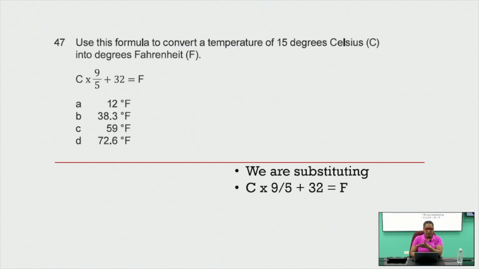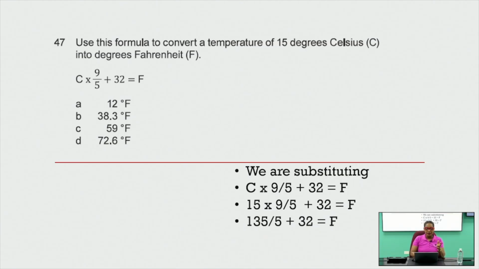So we write the formula as given. We substitute 15 where you see C, which represents degrees Celsius, and we work the formula. We'd multiply 15 times 9, gives us 135, divide by 5, and then add 32, which would give us 27 plus 32, which is 59 degrees Fahrenheit. And that's option C.